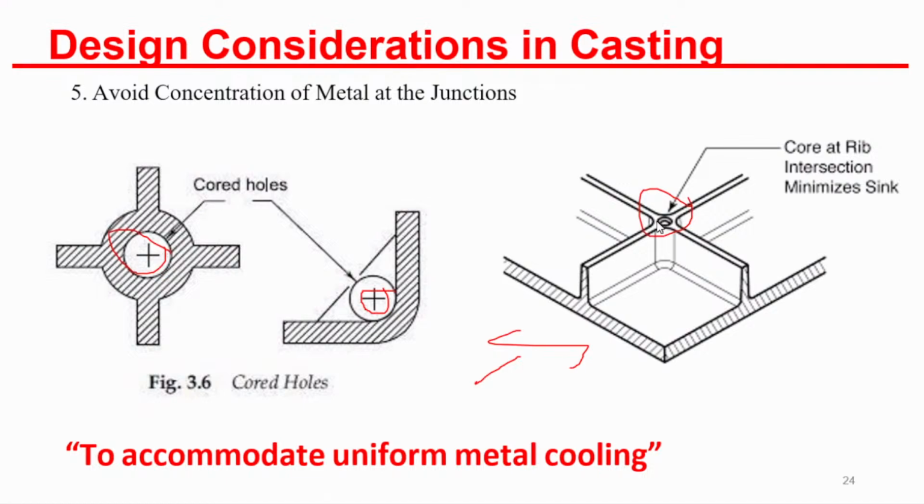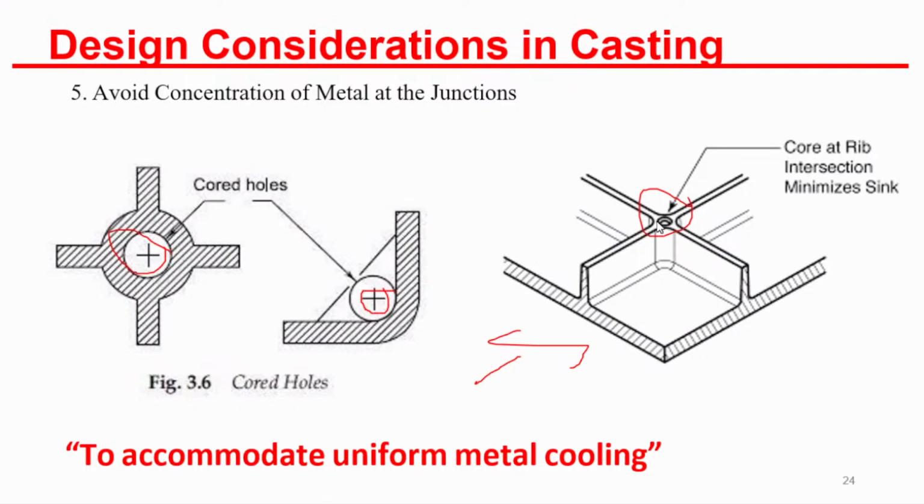So when metal accumulates at a single point, the outer surface solidifies first, but the inner core remains molten for longer. Okay, as the inner metal solidifies, it shrinks.